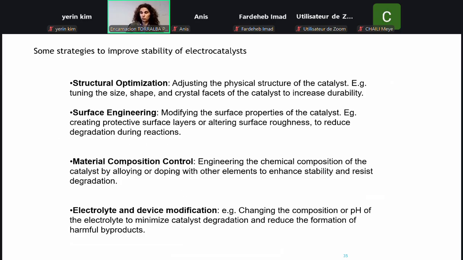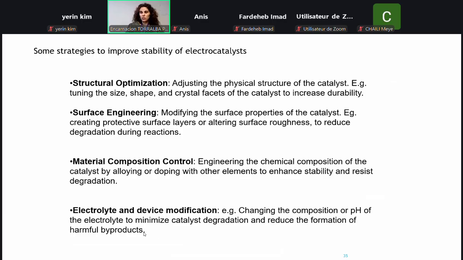Material composition control. This is doping, or alloying, because some metals get poisoned before others. So we try to modify the composition to try to reach the optimal binding energy.